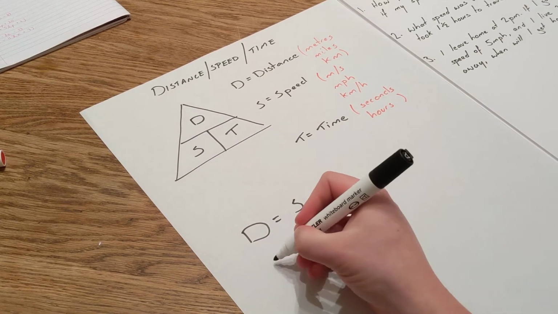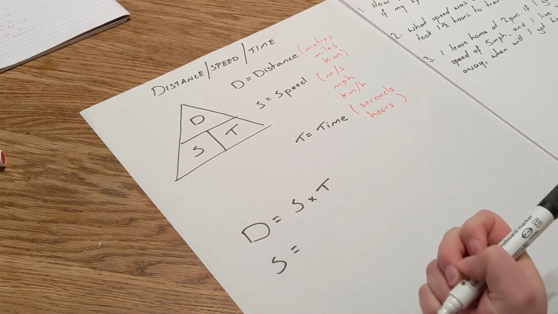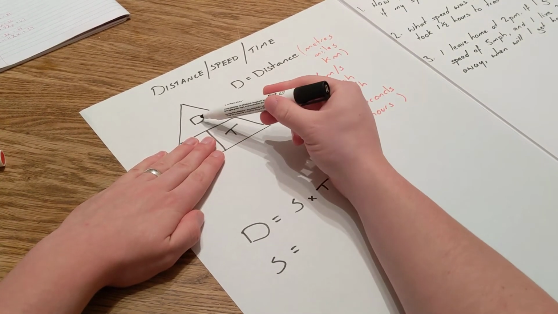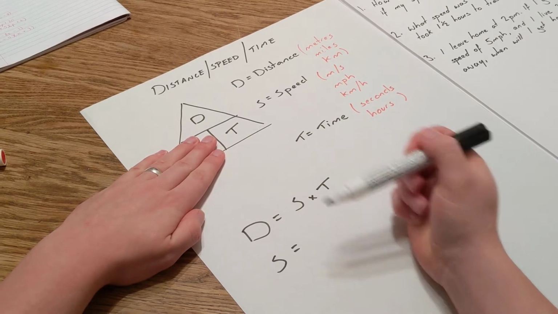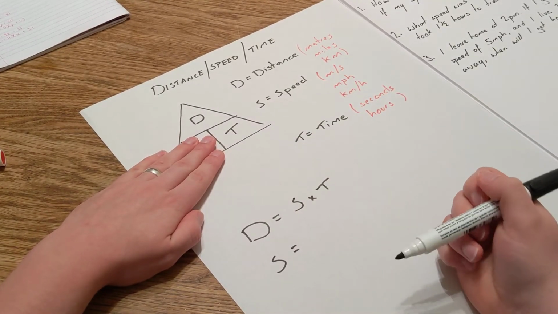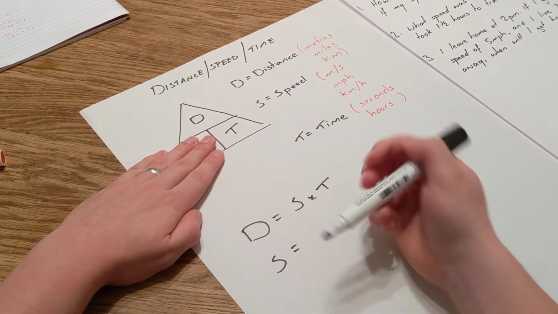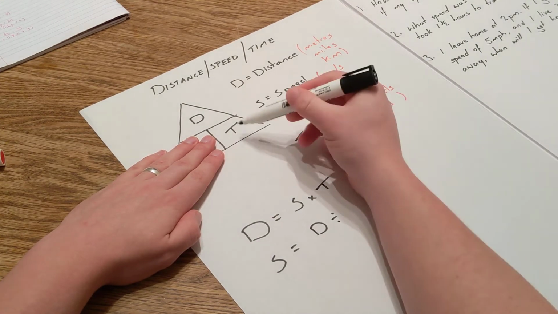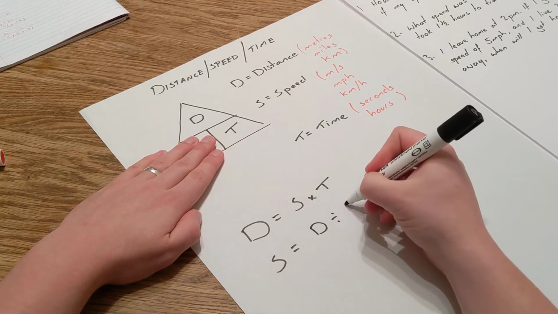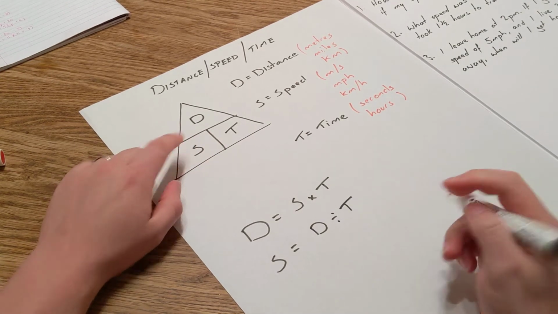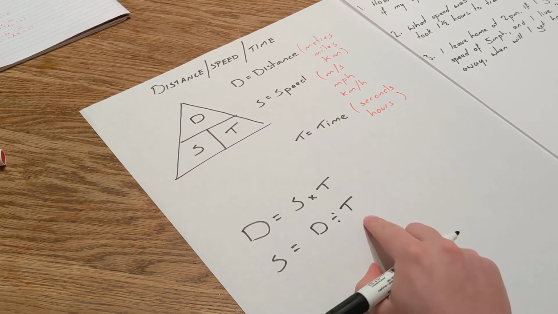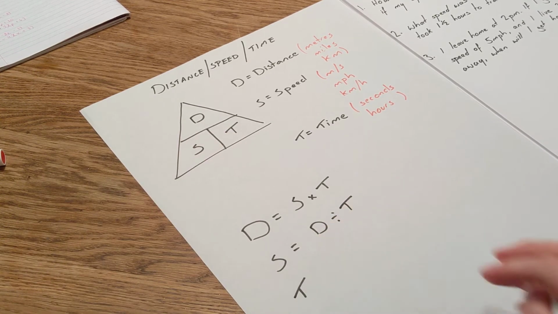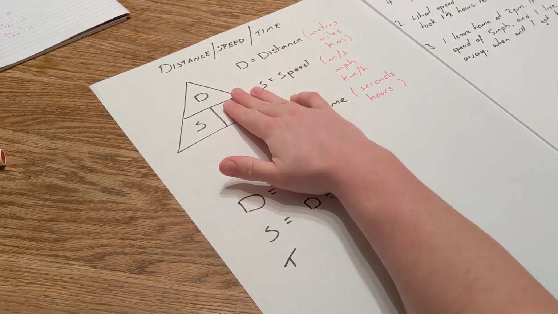Okay. If I want to work out the speed, I'm going to cover up the S. Now, I've got distance on top of time here, so it's like a fraction, and that means divide. So whatever's on the top goes first, and we divide that by what's on the bottom of the fraction. So speed equals distance divided by time. Now, finally, if I want to work out time, I cover up that part of it.